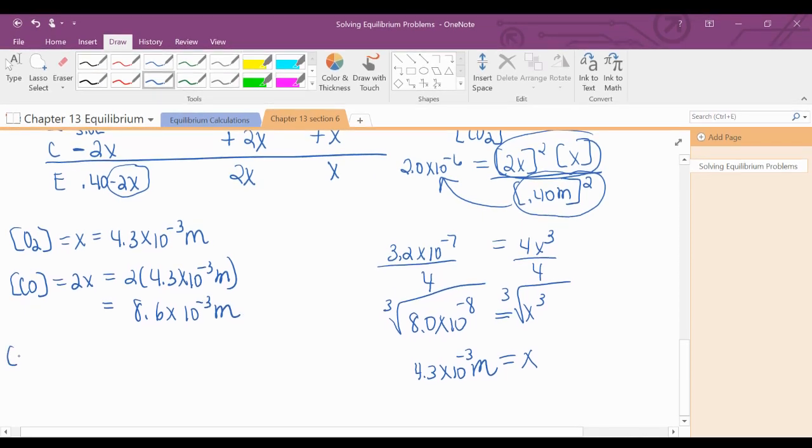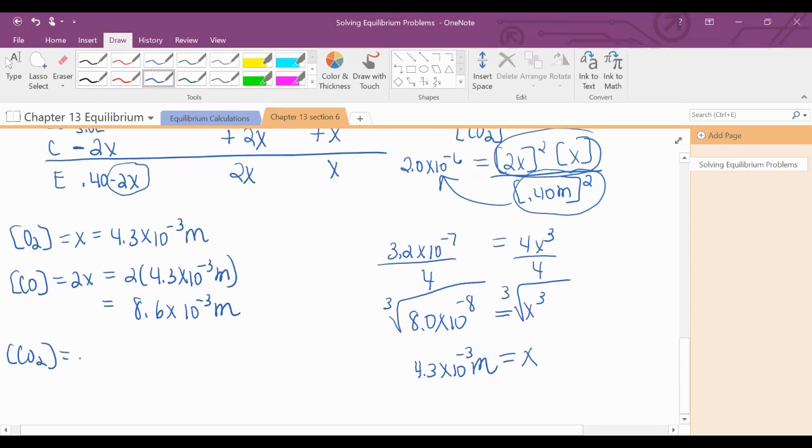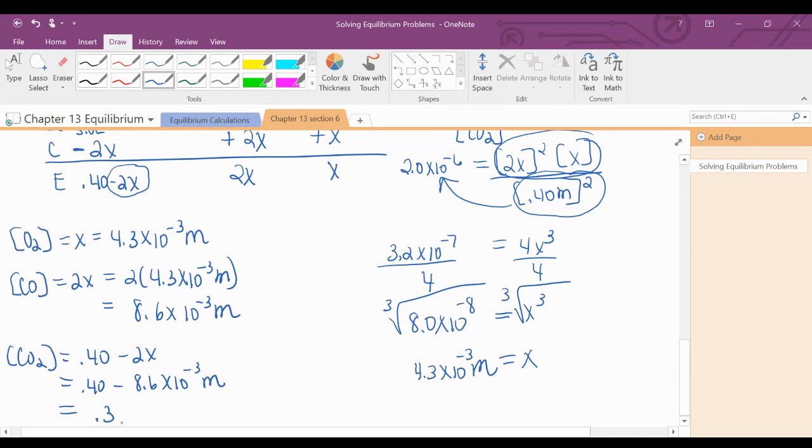And then for CO2, we're going to have 0.40 minus 2x, so 0.40 minus 8.6 times 10 to the negative 3rd molar. My answer here is going to be 0.39 molar.